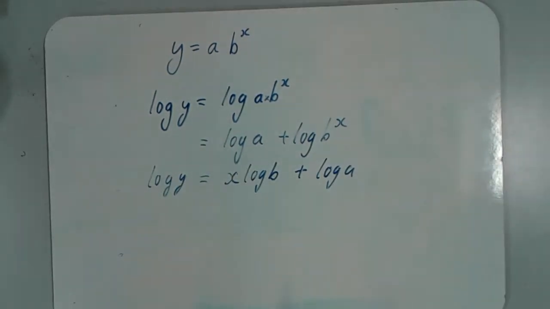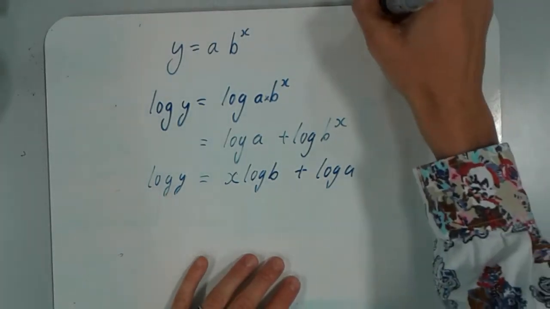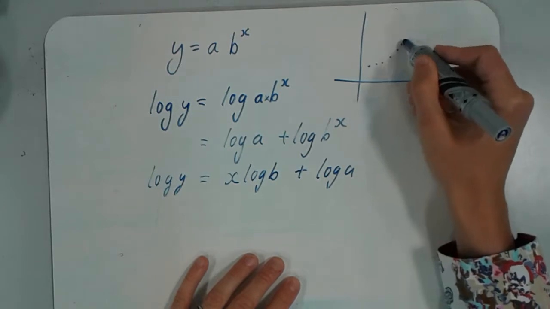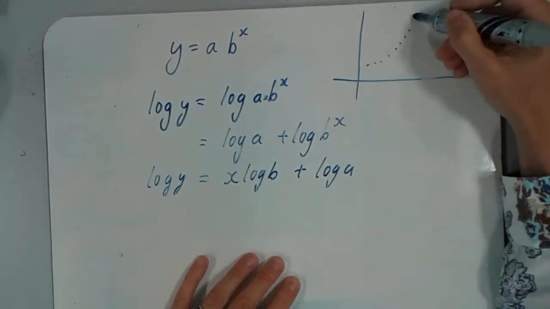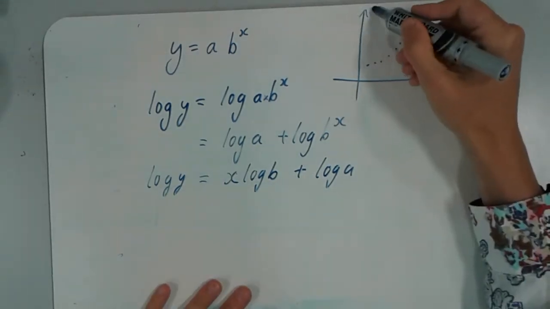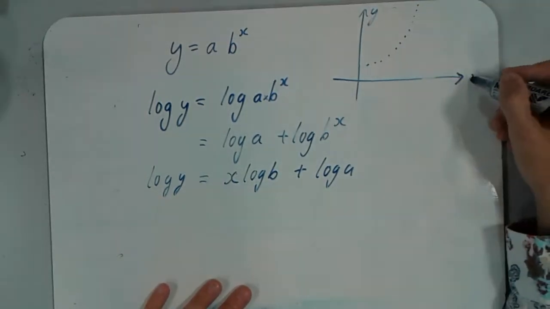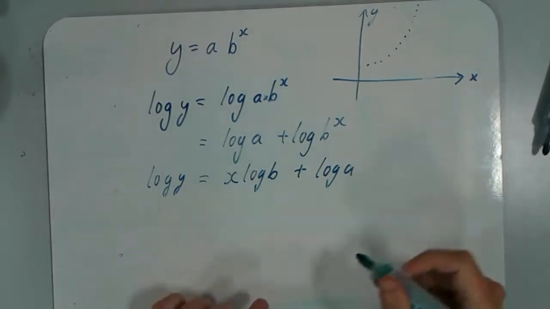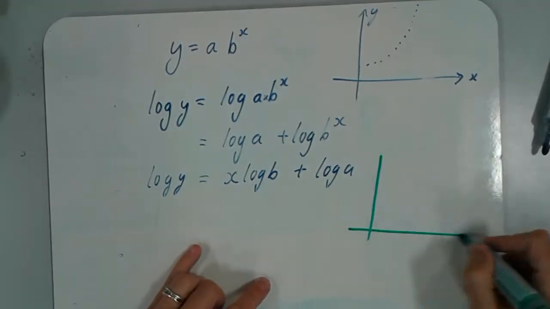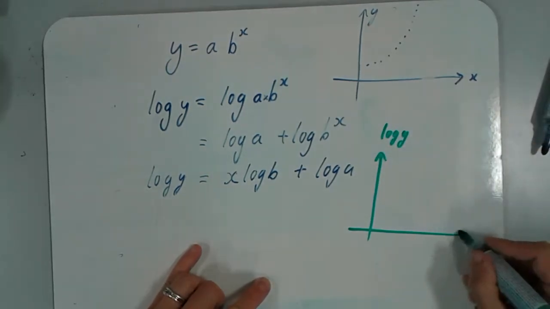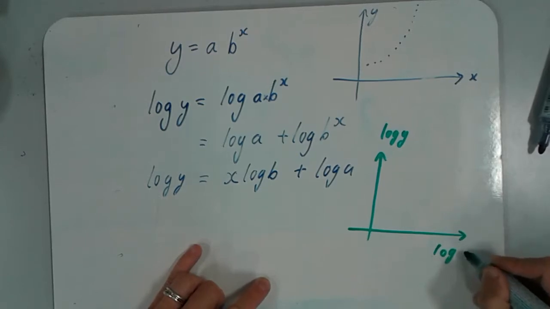So why have we done this? We've taken our original exponential function, or at least what we think is an exponential, which would look like that on a y-axis and x-axis, and we've transformed it into this form, which now has a log y-axis and an x-axis.